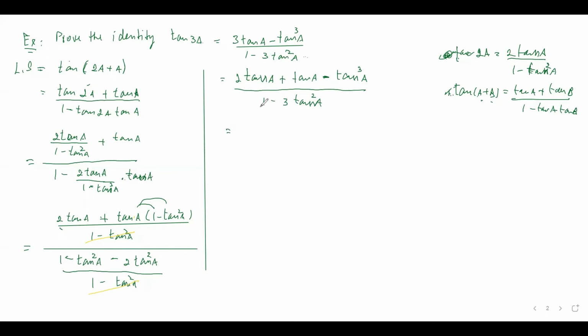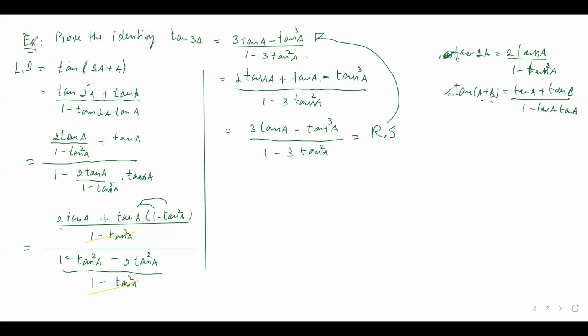So the top simplified becomes tan 2A and tan A becomes 3 tan A, and then minus tan cubed A over 1 minus 3 tan squared A. So you see it is the same. Then this equals the right hand side, exactly the same. Okay, so that is the one.